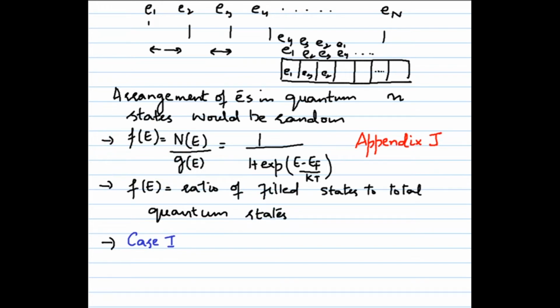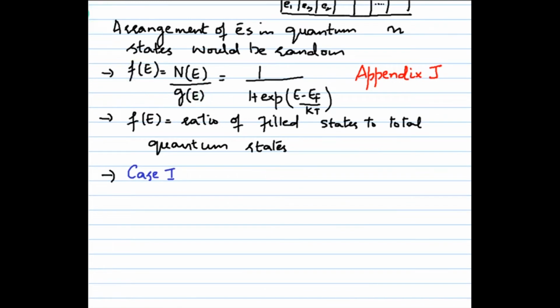Now we can make the comparison of E with respect to EF, and we just need to analyze this Fermi-Dirac distribution function, because from this expression alone we will not be able to analyze it graphically.